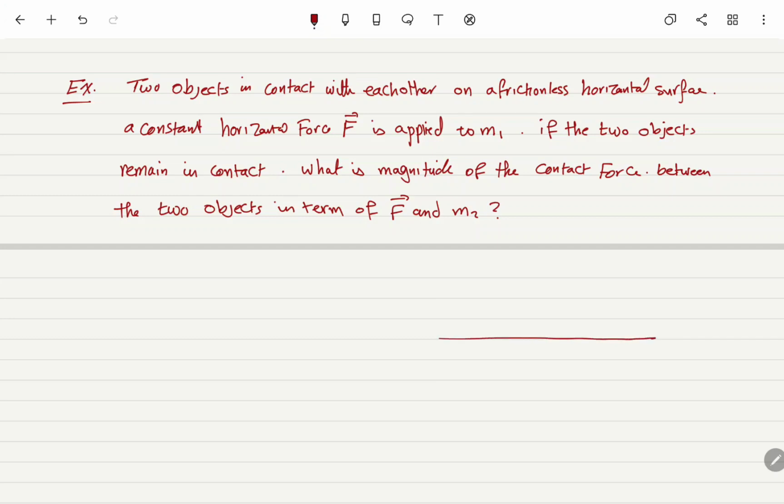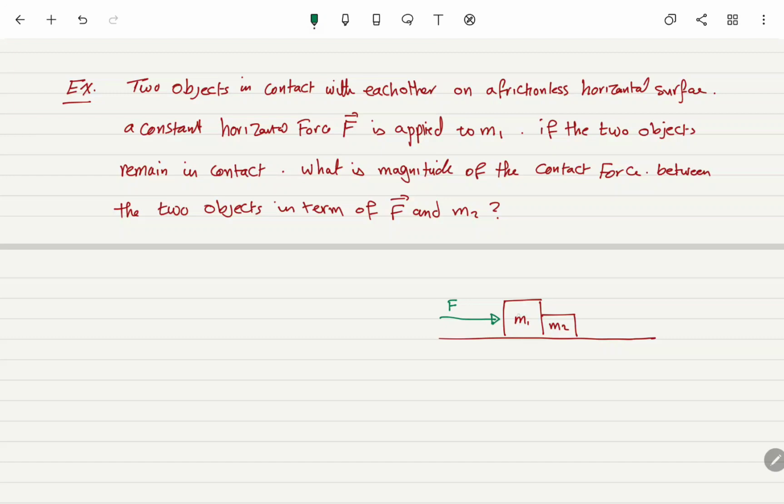So we have a flat surface and two objects, name them M1 and M2. The acting force on M1 is F. So let's define the forces on this whole system. Let's agree that we have two systems, M1 and M2.